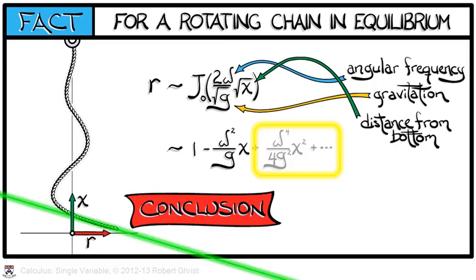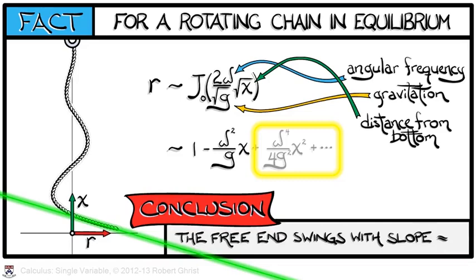R is proportional to 1 minus omega squared over g times x. That tells you something about the slope at the end of the rope, namely that this free end is swinging with a slope that is proportional not to omega, the angular frequency, but to omega squared.